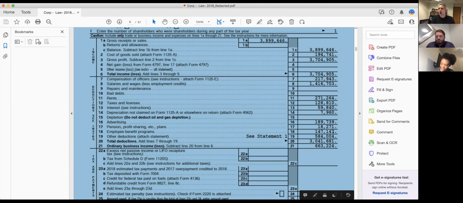So EBITDAR is that rent, okay? So the calculation you're trying to get to is basically EBITDAR. You're going to add all these things back to get to what they consider a pre-debt service cash flow. That's another way you can think about it. EBITDA equals pre-debt service cash flow. Does that make sense?